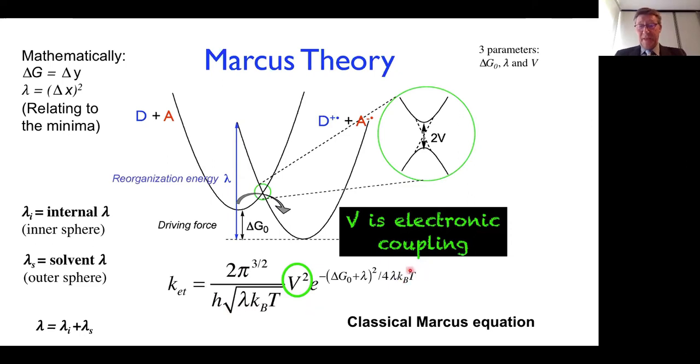And in the exponential term, we find the delta G and the lambda. So this is what we call the classical Marcus expression, and it relates to intersecting quadratic functions. And very important, the reorganization energy: the inner sphere and outer sphere reorganization energy, related to changes in the molecule and changes in the solvent.